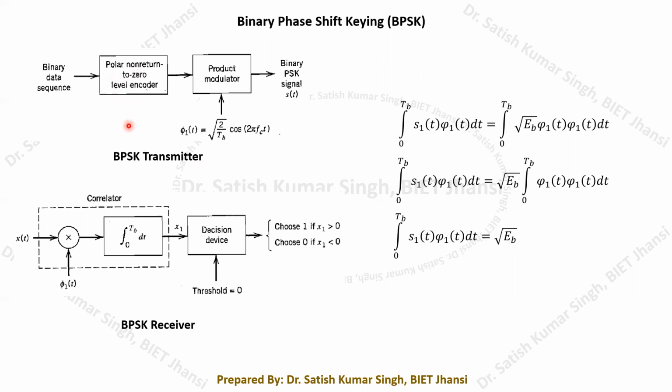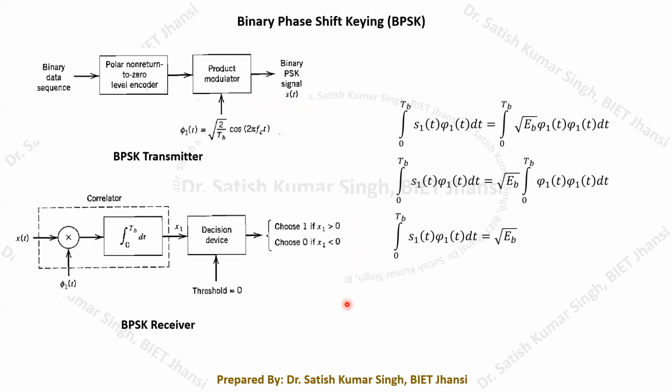Then this is multiplied with the appropriate basis function, depending on whether the signal is +1 or -1. Therefore the signal sent over the bandpass channel has either a 0-degree phase shift or a 180-degree phase shift. That we have already seen in the previous lecture.